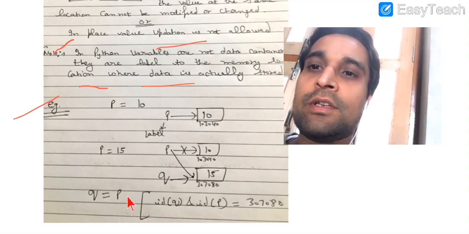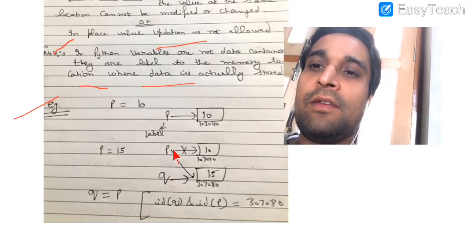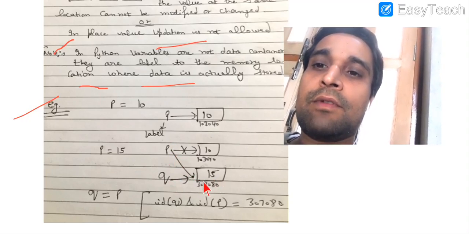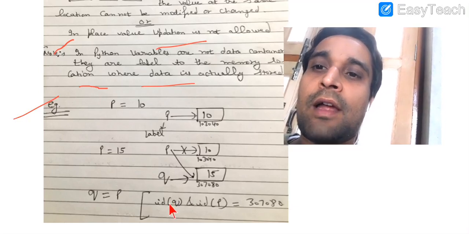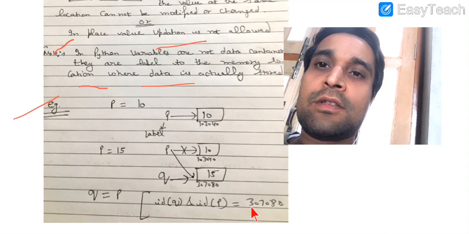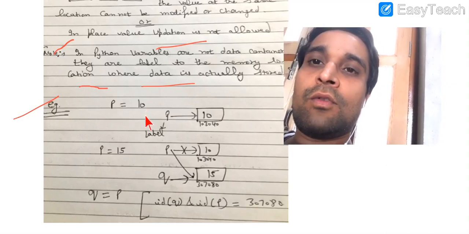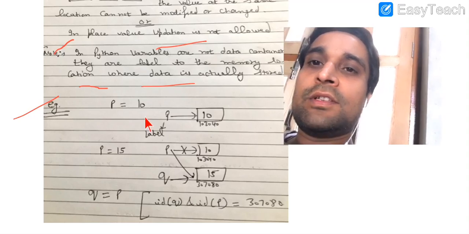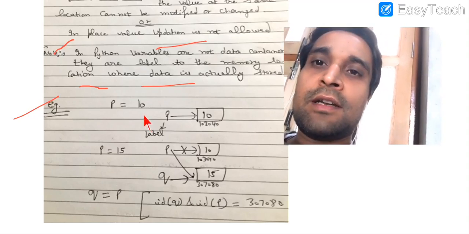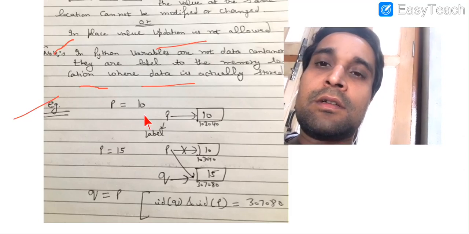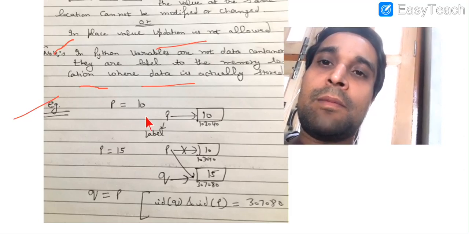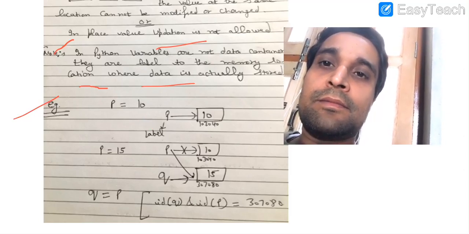Thereafter we write q is equal to p. Then q and p will both point to the same memory location where value 15 is saved. It means when we check id of q and id of p, it will return the same memory location. So 10 is of type integer. With the help of this example you can understand that integer is an immutable data type available in Python.